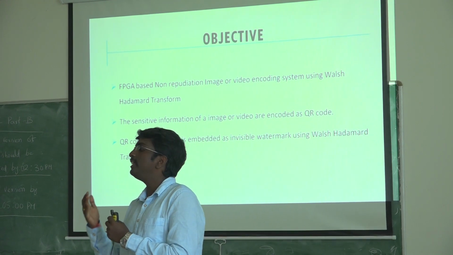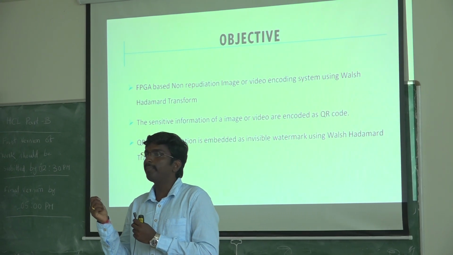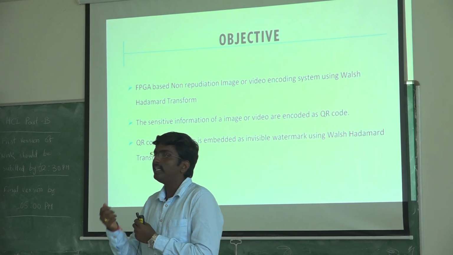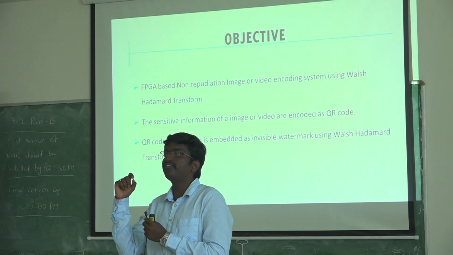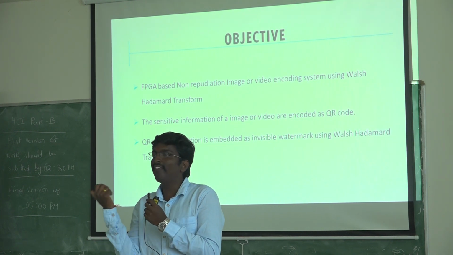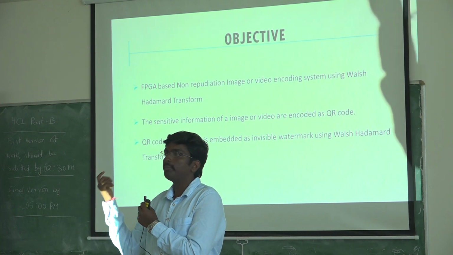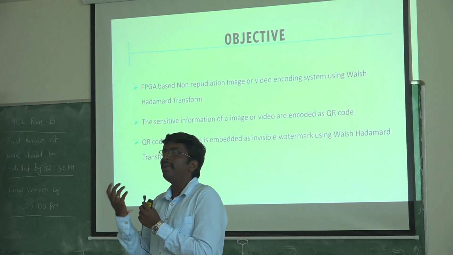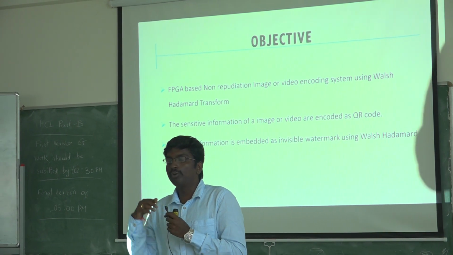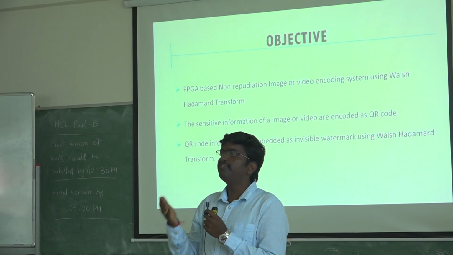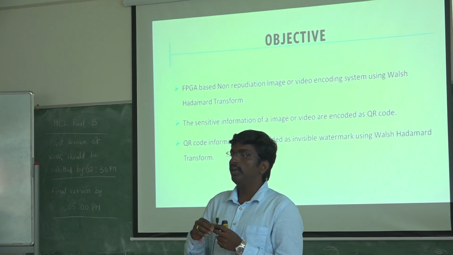In case you are storing the image or video with the information, something like the watermark applications, we need to embed all this information behind the image, that means invisibly. So what we have to do for the invisible embedding, that is the next thing.